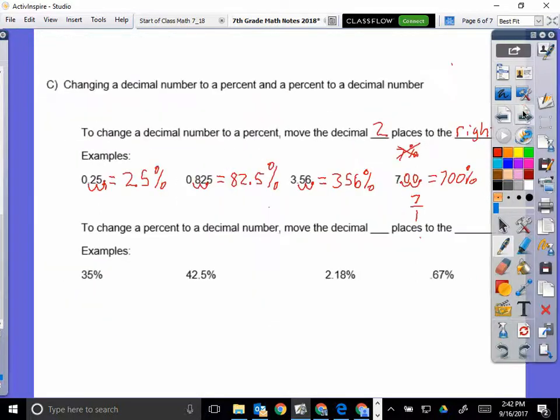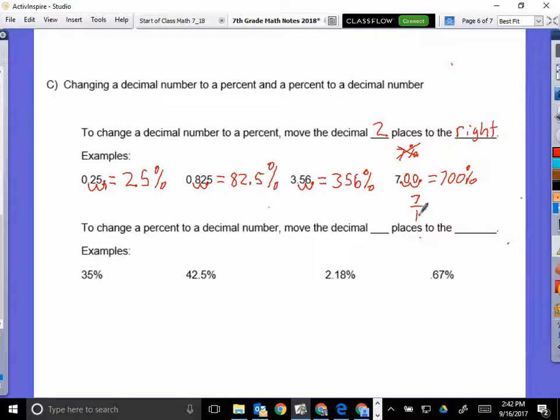So to take 7 over 1 and get 100 on the bottom, I need to multiply this whole entire fraction by 100. That'll give me 100 there, and that'll give me 700 up here.